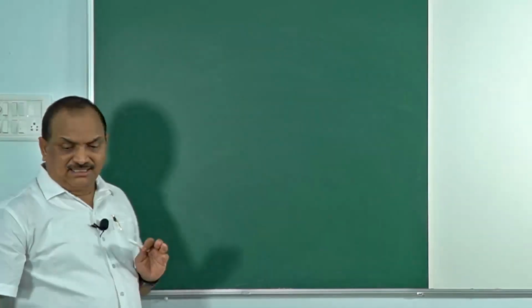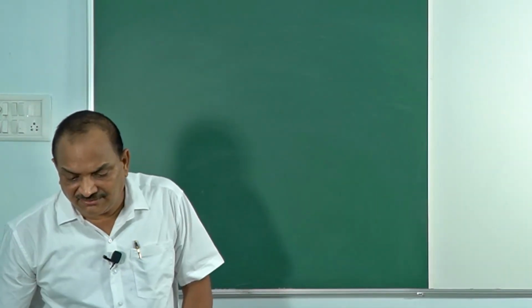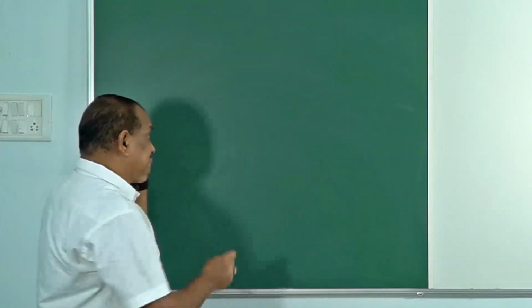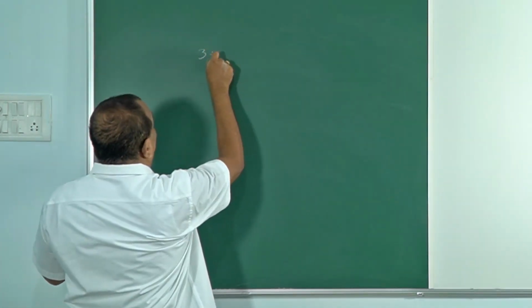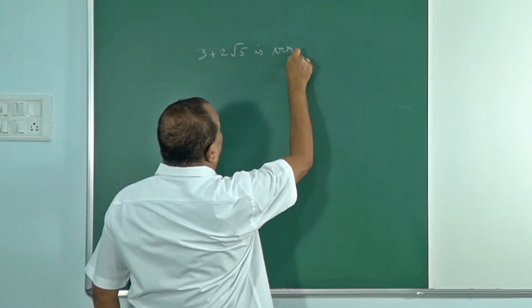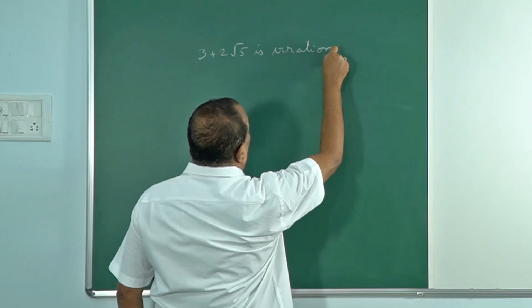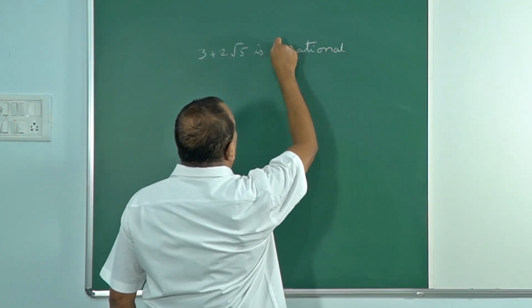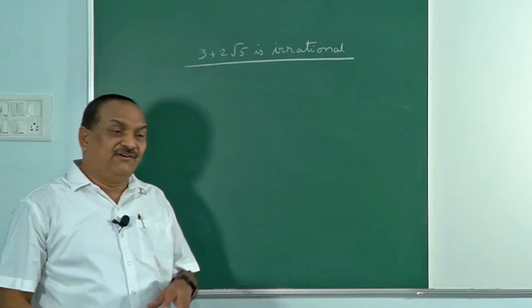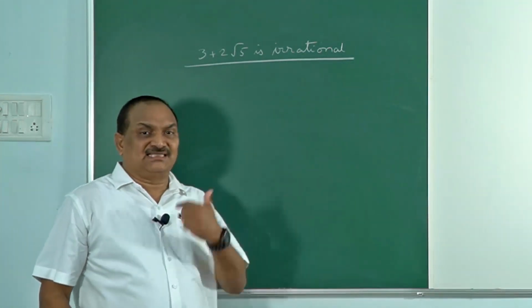Okay, I take a case where I have 3 plus 2 root 5 is irrational. This is what you are supposed to prove. So how do we go about it? If it is possible, let it be rational.